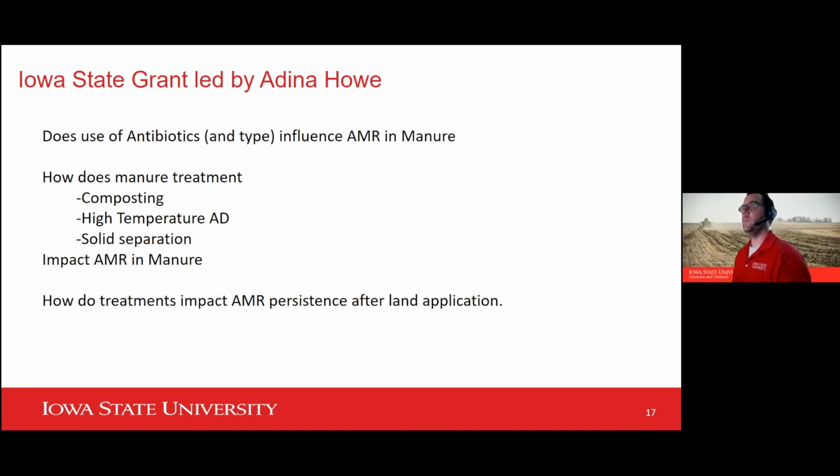Maybe we don't see as much die-off following application of that material as we would in the untreated manure, or if that manure had been run through an anaerobic process where it goes from anaerobic in the treatment to aerobic in the soil. So hopefully that will give us some more information specific to Iowa soil conditions and Iowa specific manure treatment practices to understand what issues we might face in the future.